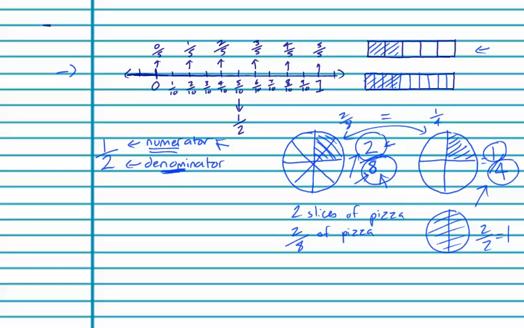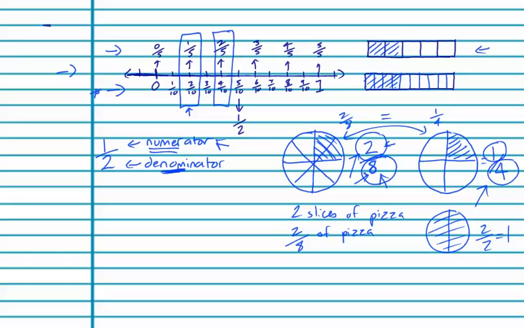If we go back to the number line here, you will see I've got other equivalent fractions. On the top, I cut my number line into fifths. On the bottom, I cut my number line into tenths, and you'll see that 1/5 is the same as 2/10. 2/5 is the same as 4/10.